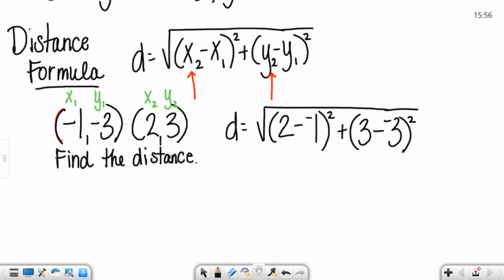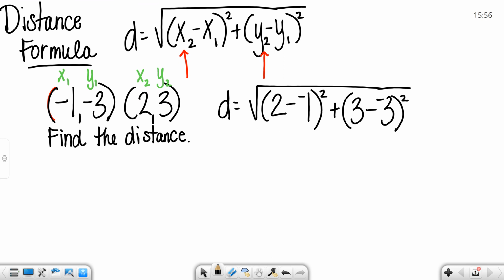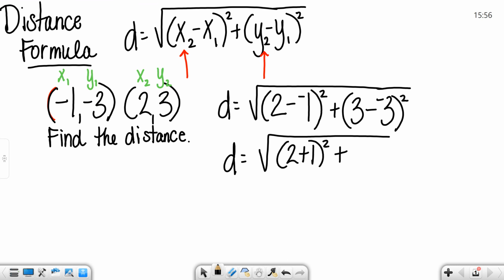Once we have them plugged in where they belong, we just do the arithmetic. So I do need to see you do the arithmetic on your paper. Minus a negative means plus, so I'm going to go ahead and take care of that.